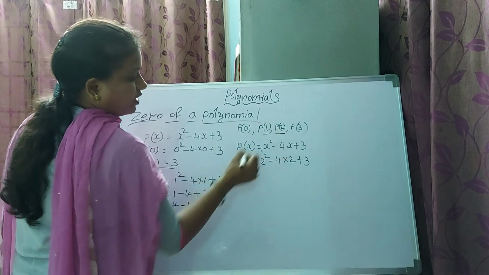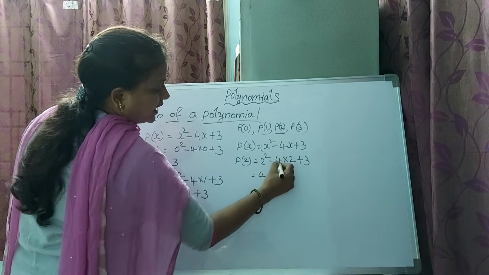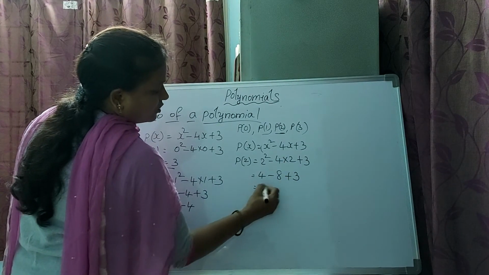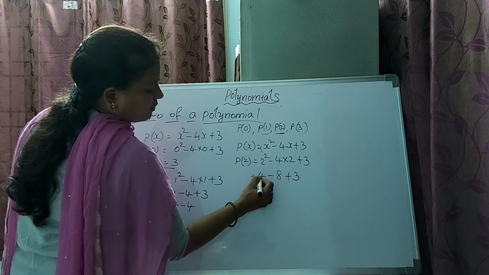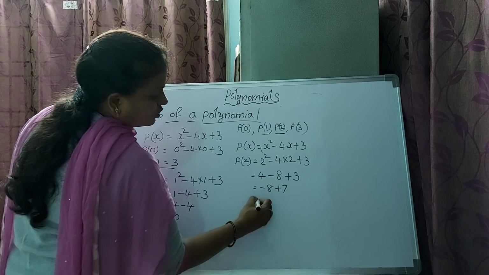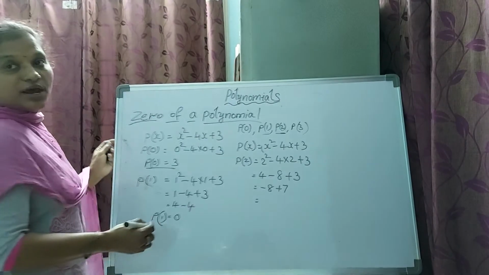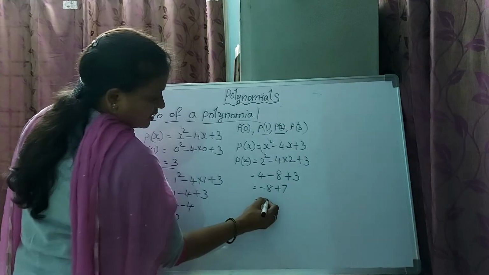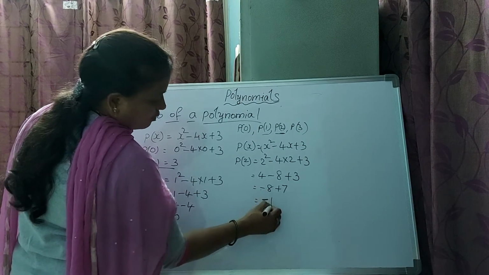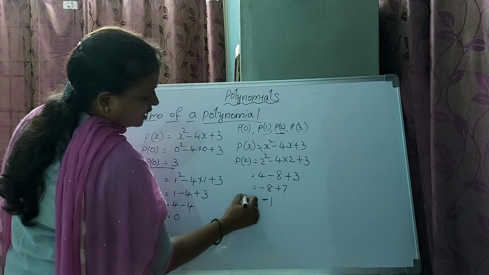This one we are finding now. 4 minus 8 plus 3, that is plus 4 plus 3 is 7. The signs are different, so we have to subtract, and the bigger number has the minus sign. So minus 1. P of 2 we got is minus 1.